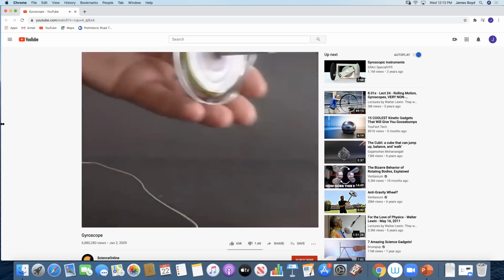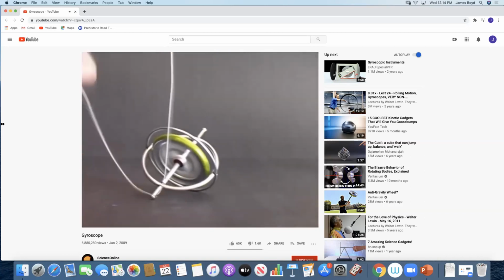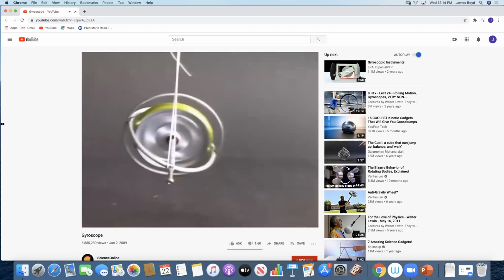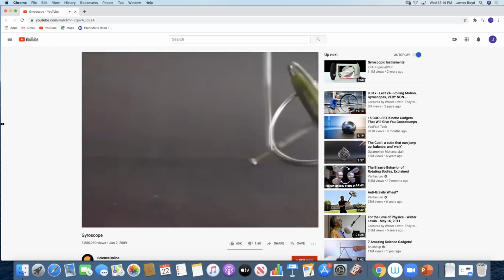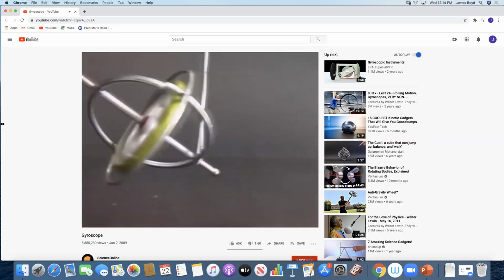You can even lift the gyroscope with a string looped around one end. He's just lifting it up, and the angular momentum, the rotation vector, is trying to stay aligned at the same angle to that string. There's a little bit of friction, which causes it.